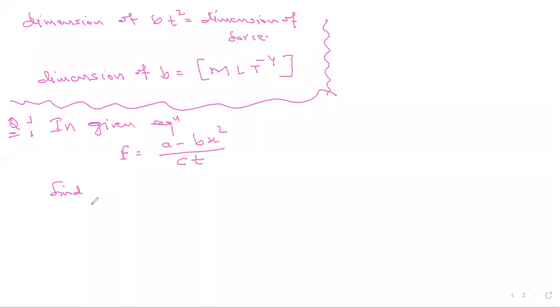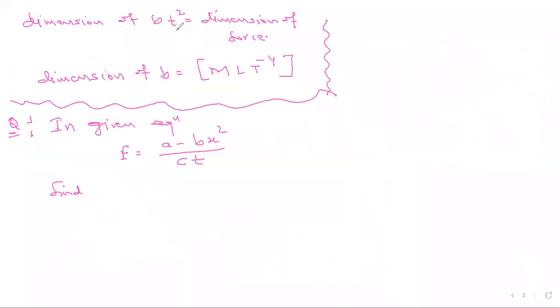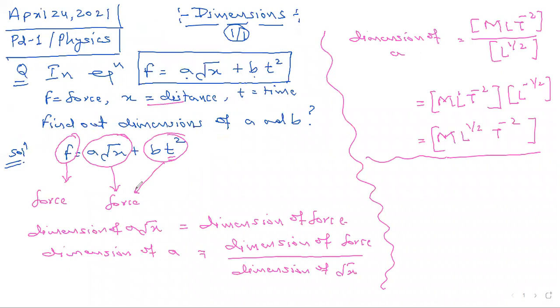In the previous question, t is time, so Bt square. But sir, you have added length and time. Where? Sir, it is given Bt square, and here t is time, and root x is a distance.